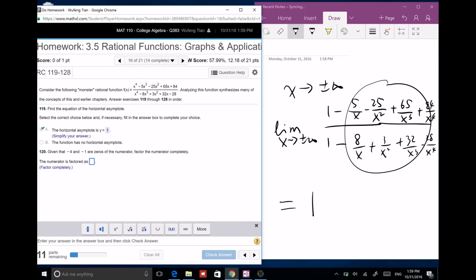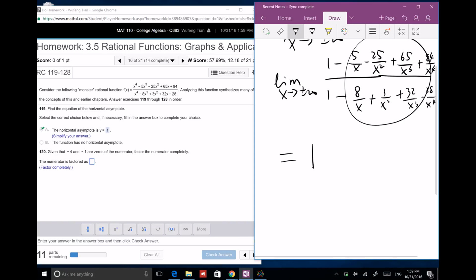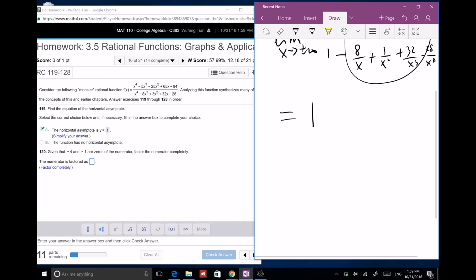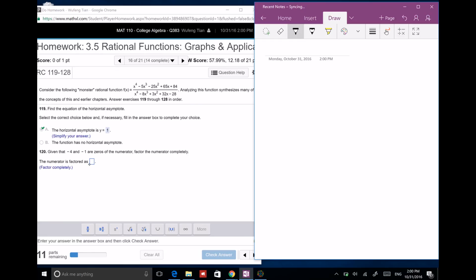Given that negative 4 and negative 1 are the zeros of the numerator, factor the numerator completely. This is the previous question. So if x plus 4 and x plus 1 are factors, we can factor the numerator: 1, negative 5, negative 25, 65, 84. Let me divide by negative 4 first.